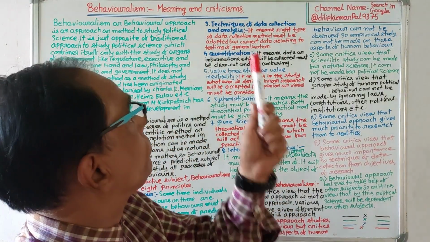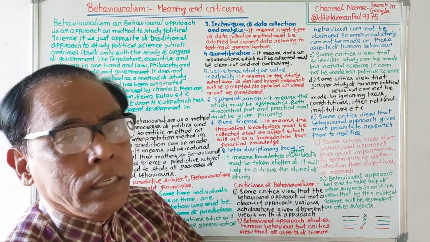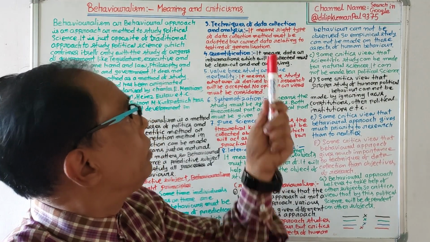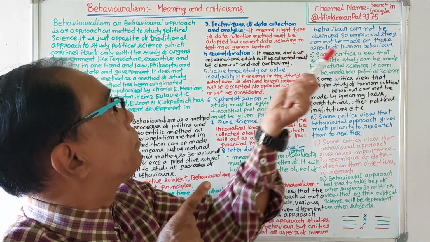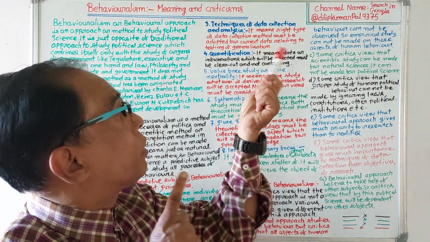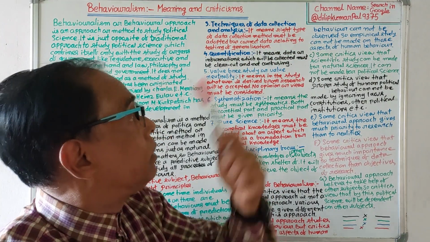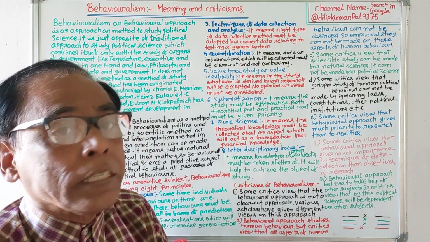Third one is the techniques of data collection and analysis. It means the right type of data collection method must be adopted for correct data relating to the testing of generalization.